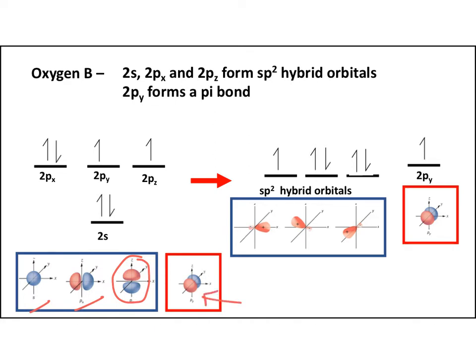That leaves the py over to pi bond with the carbon. So our hybrid orbitals are all going to be in the xz plane, because we haven't used the py orbital. This will become important a little bit later on.